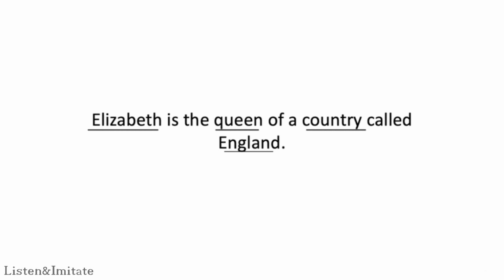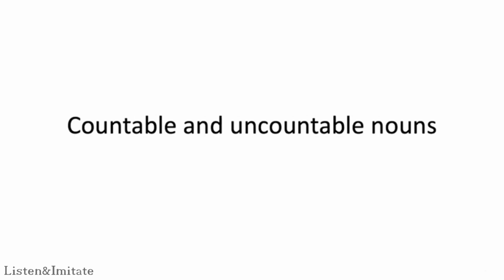Elizabeth and England are 2 proper nouns. They refer to a specific person and place. Queen and country are 2 common nouns. Congratulations! Now you know all about proper and common nouns.